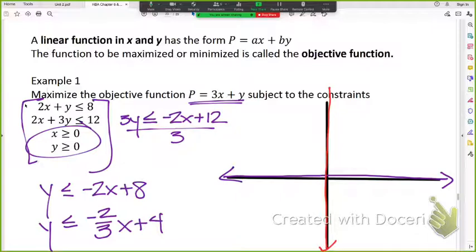A lot of times I won't even graph these. Like if I am drawing this, I'm not graphing those two because I just know that that means stay in the first quadrant. X is greater than 0 is to the right, y is greater than 0 is above. So right now, those two are just restricting me to the first quadrant. The other two is what I'm going to worry about. Y is less than or equal to negative 2x plus 8.